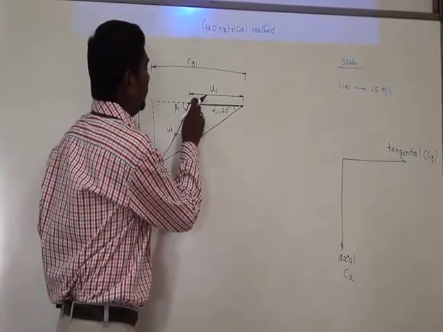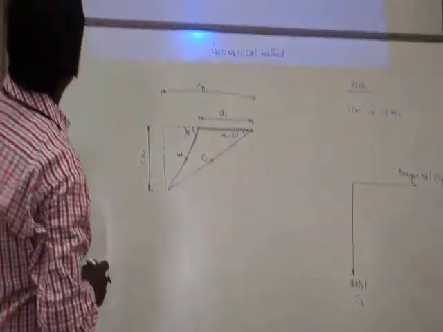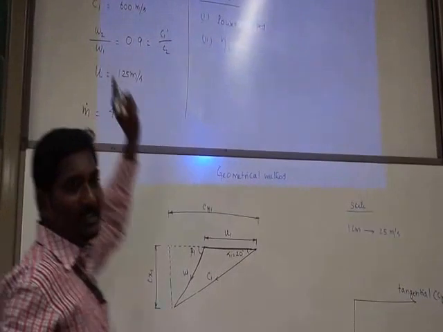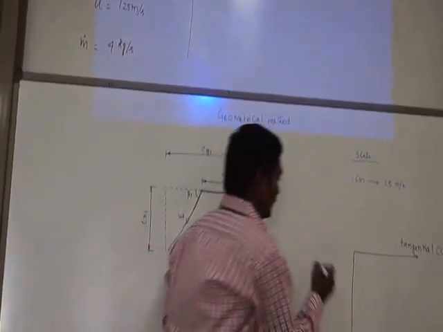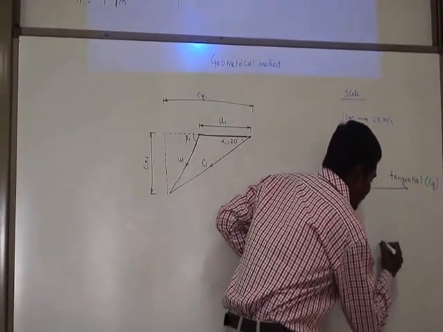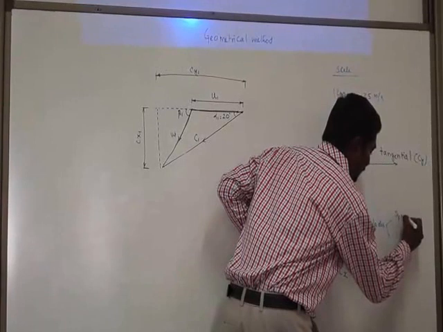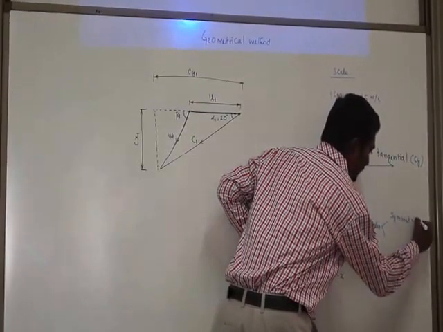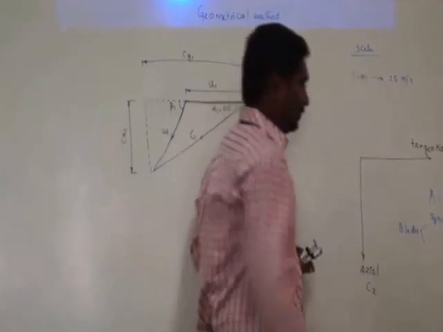Before that, you should know the angle β2. What is the value of β2? β2 is given in this problem. See, normally we used to have symmetrical blade and asymmetrical blade. In case of your impulse turbine, blades can be symmetrical and asymmetrical. If the blades are symmetrical, that means β1 is equal to β2.